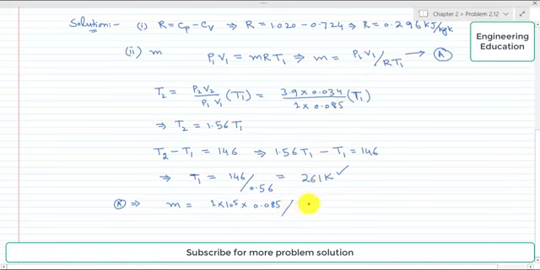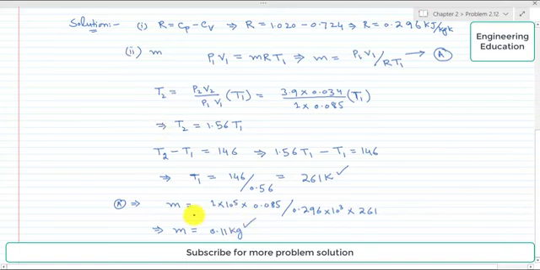The value of R is calculated above, and it is 0.296 kilojoule per kilogram per Kelvin. Also converting it to joule per kilogram per Kelvin, we will multiply by 10 to the power 3, and the value of T1 is calculated over here. It is 261 Kelvin. So if we simplify this, the value of m comes out 0.11 kilogram. So this is the required solution of part 2.